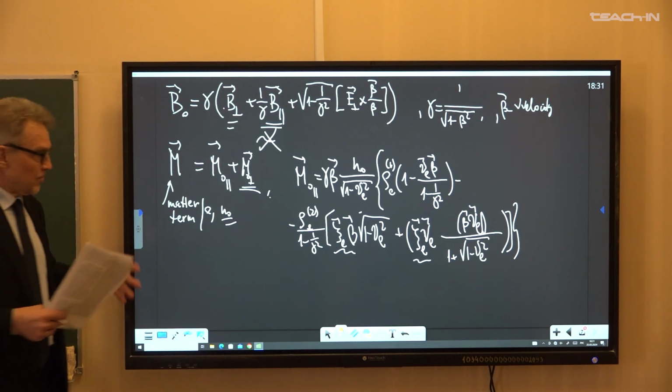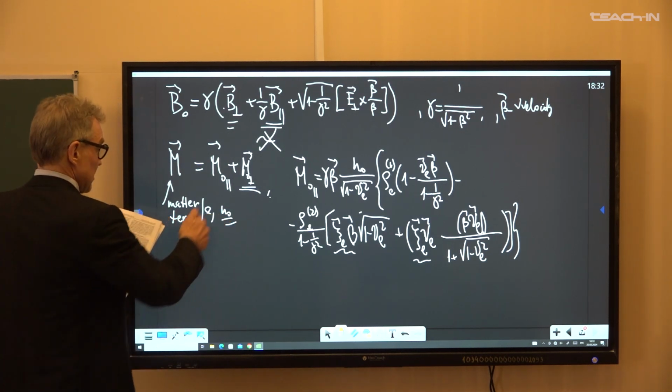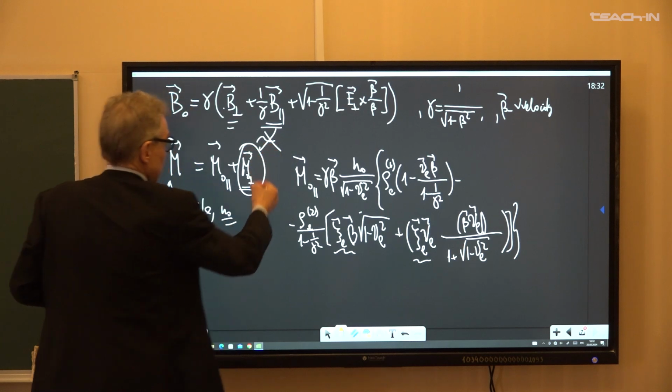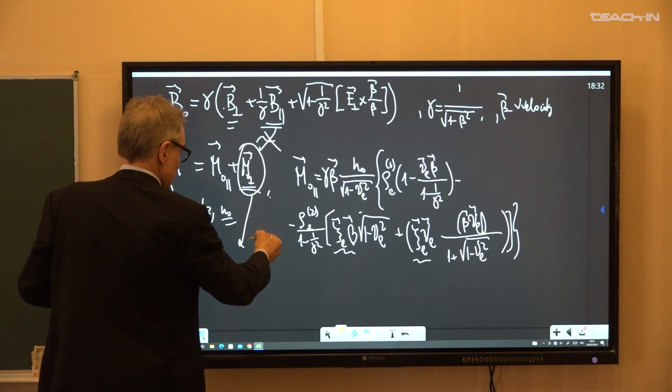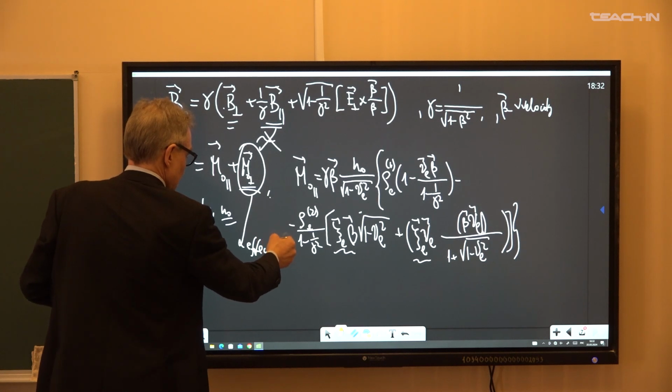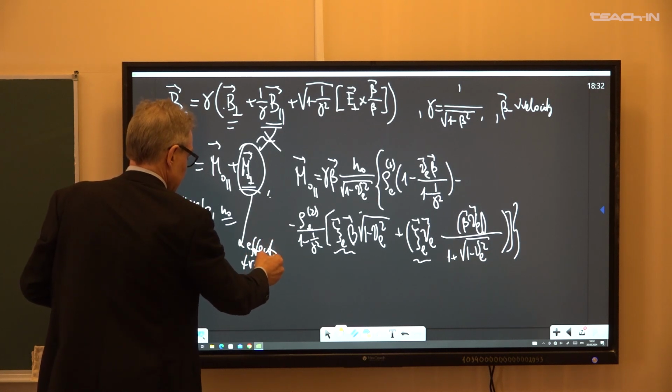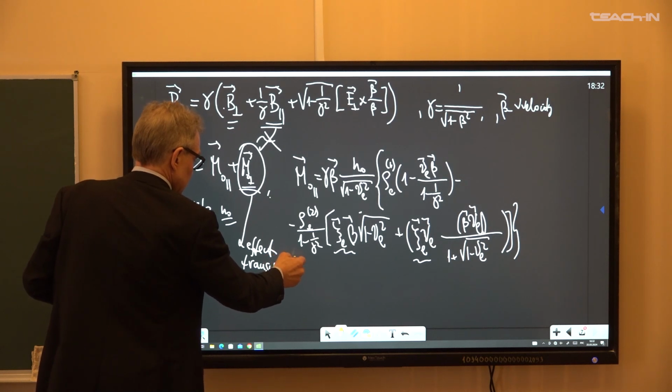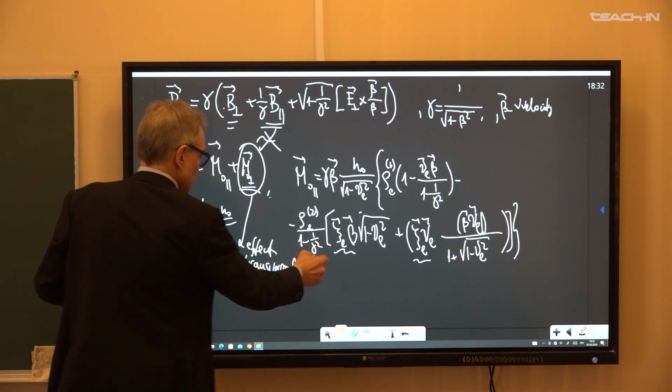This is my goal now. And this part describes the effect of transversally moving matter.